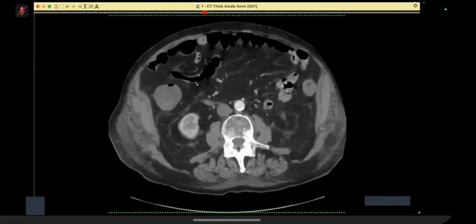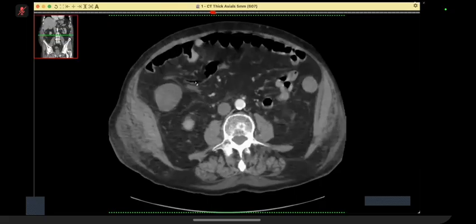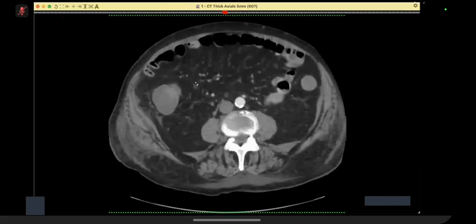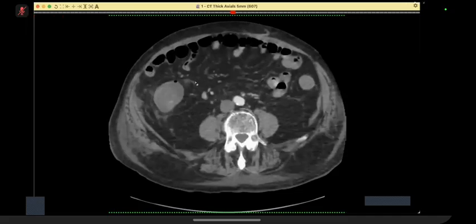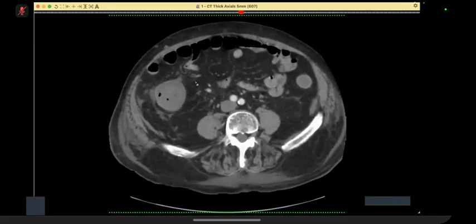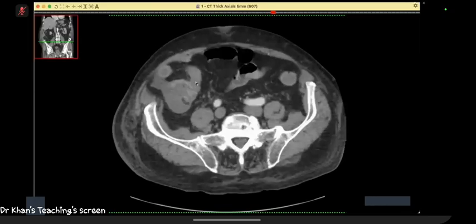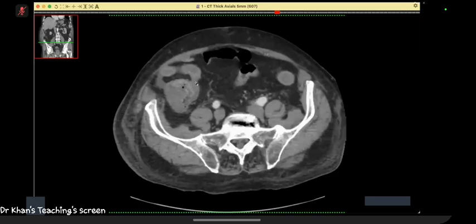I'm trying to look for any focus of extravasation of contrast because this patient presented with bleed. I am not able to see any. Okay.